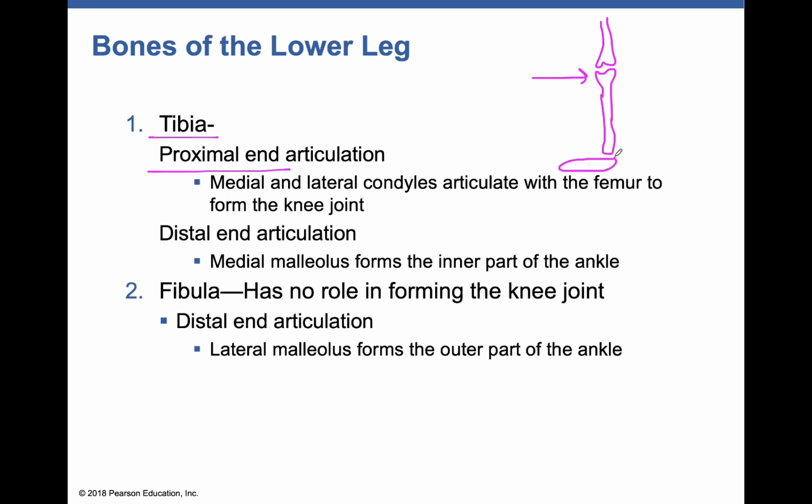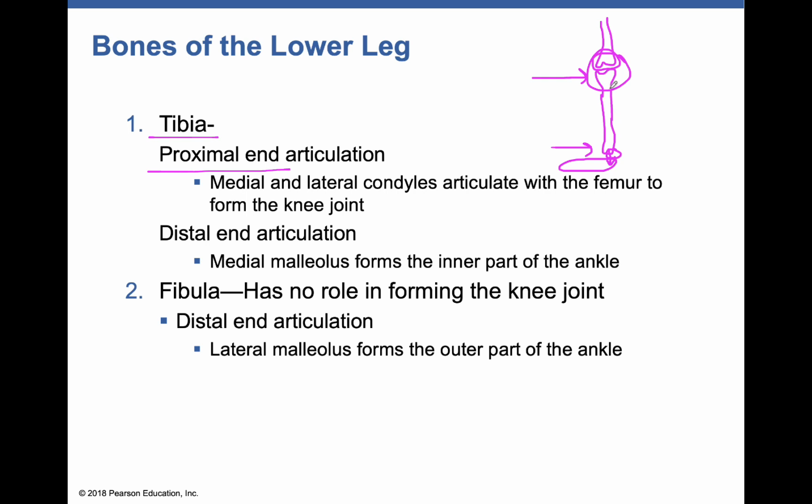The proximal end is going to articulate with the femur to form the whole knee joint. The distal end is made up of a structure called a medial malleolus, and it's going to be on this side, and you'll see that in just a moment. And it's going to create the joint we know as the ankle.